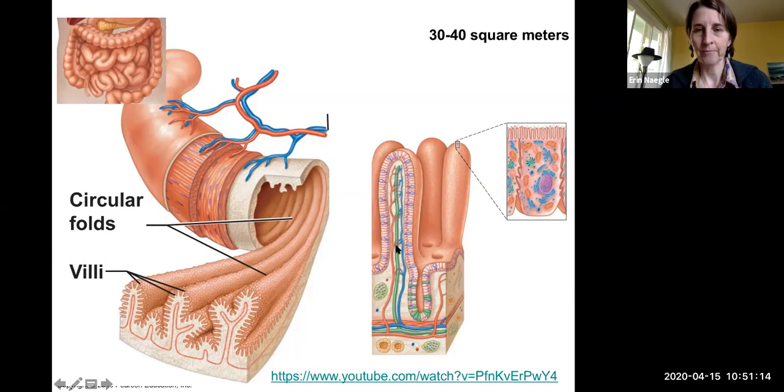And then if we looked at an individual cell, and we've looked at these before, do you remember? These cells are simple columnar epithelium. That's handy in that it's one layer. So one layer of epithelium instead of stratified lots of layers. One layer helps allow for absorption of nutrients into this capillary bed that you see in here.